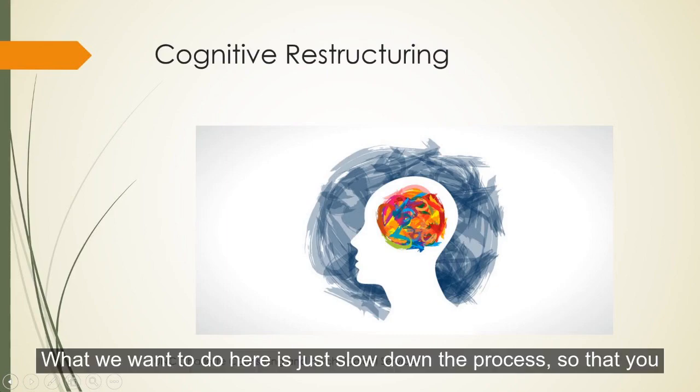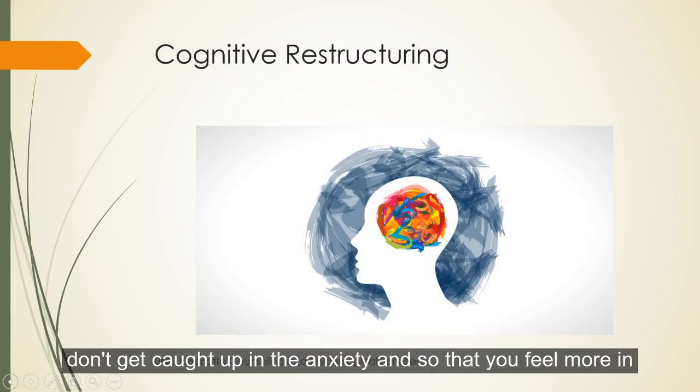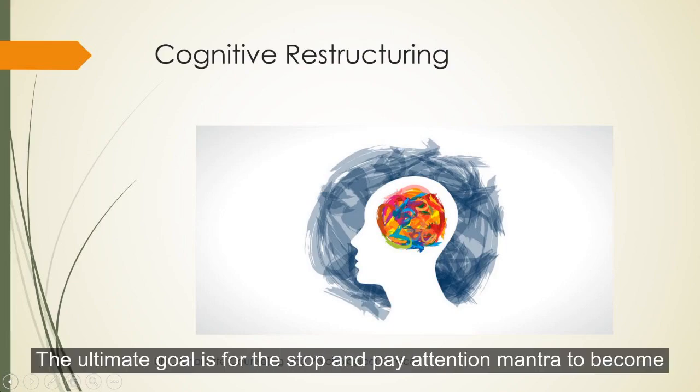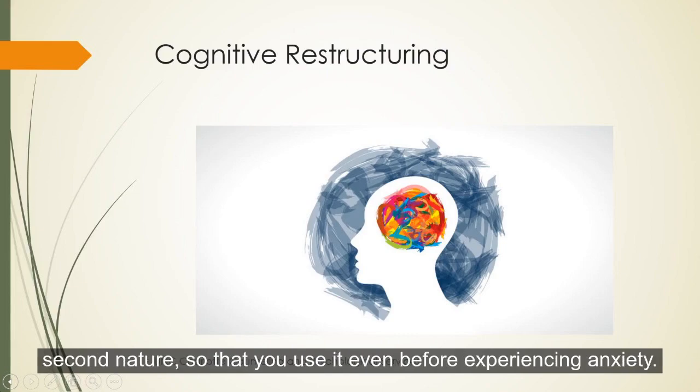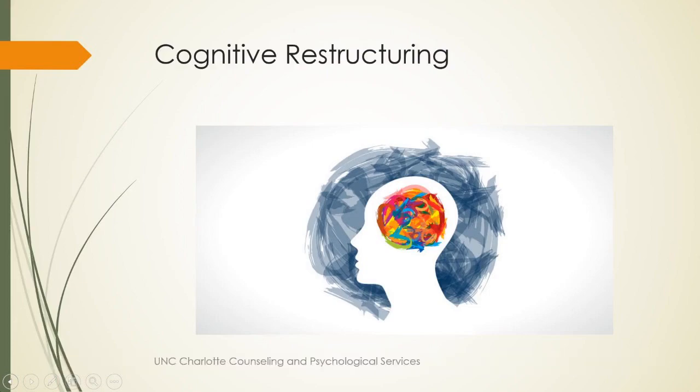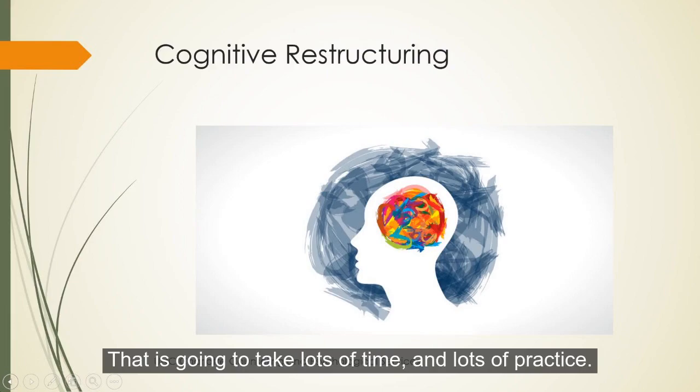What we want to do here is to slow down the process so that you don't get caught up in the anxiety and so that you feel more in control. The ultimate goal is for the stop and pay attention mantra to become second nature so that you use it even before experiencing anxiety. That is going to take lots of time and lots of practice.